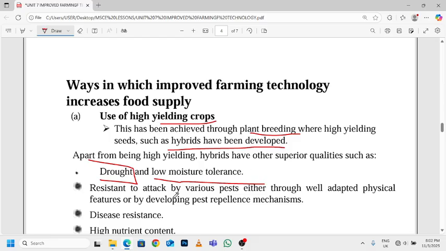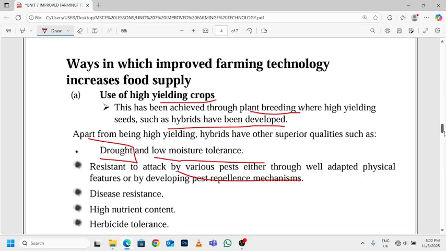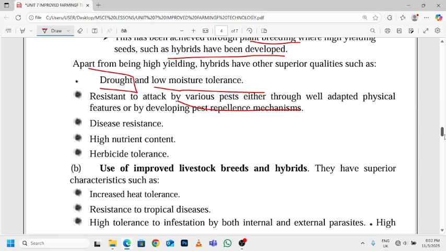Resistance to attack by various pests. Some crops can withstand pests and diseases. So you should mix those breeds that are strong enough to withstand the pests that can attack. You can also have breeds that are disease resistant.